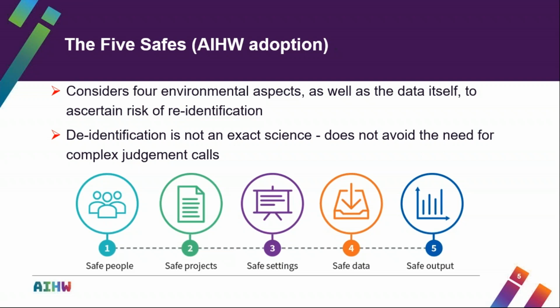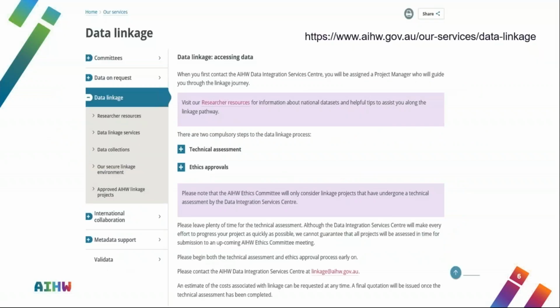Under those protocols, by the use of a secure environment with AIHW monitoring of output, large detailed Commonwealth unit record data can be accessed for research projects. If you want to know more about our application process, please see our web pages for data linkage, and that's the address there.